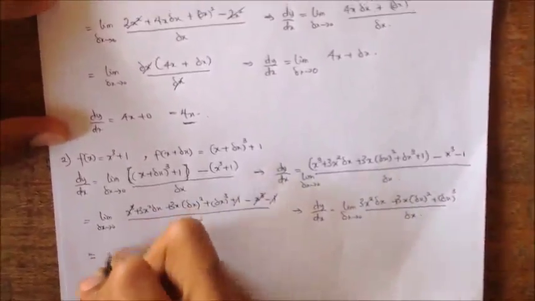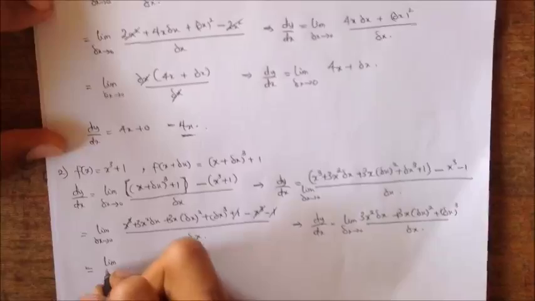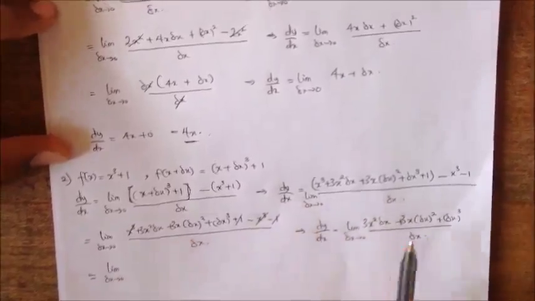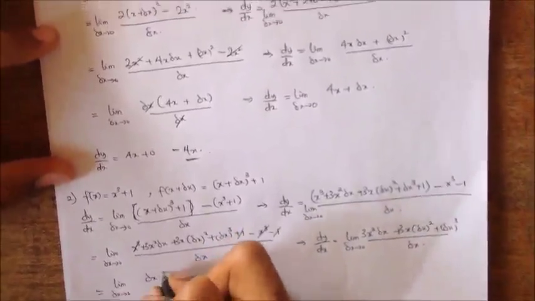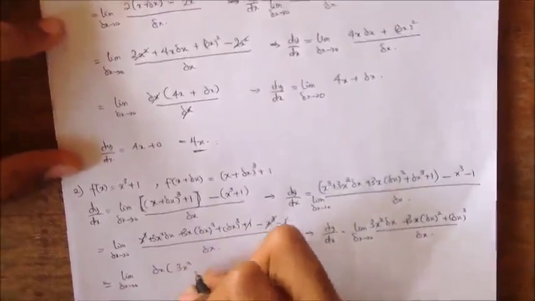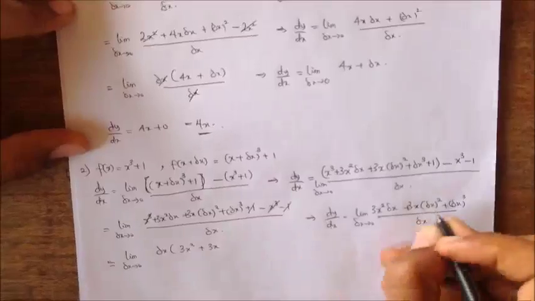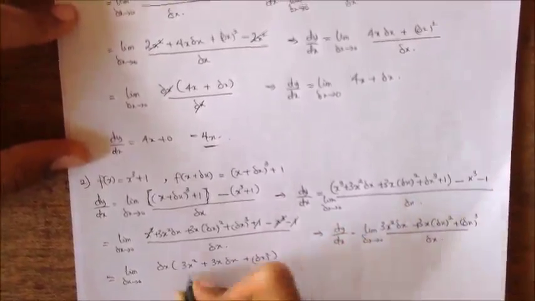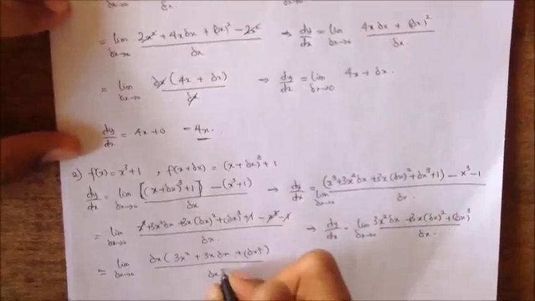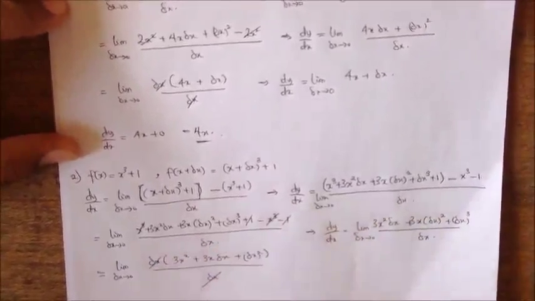So my dy dx equals the limit as delta x tends to 0. All these have delta x in common, so my delta x will come out, into 3x squared plus 3x delta x plus delta x squared, divided by delta x. Since I've taken one delta x, my delta x will cancel this.